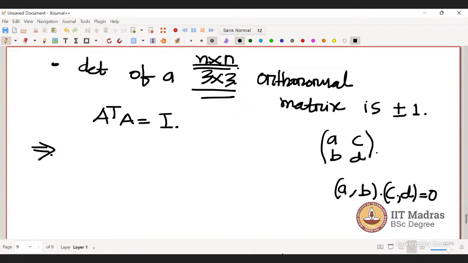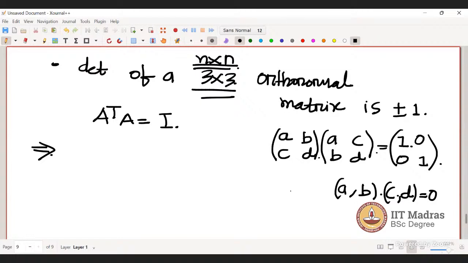So now if you multiply, what you will get? You get the identity, 1001. So you can do it for any 3x3 or maybe 4x4.